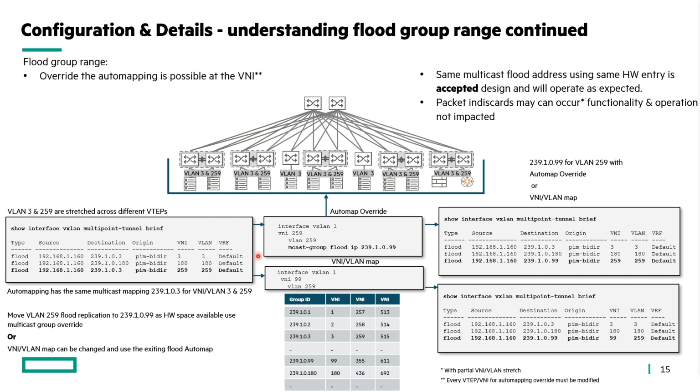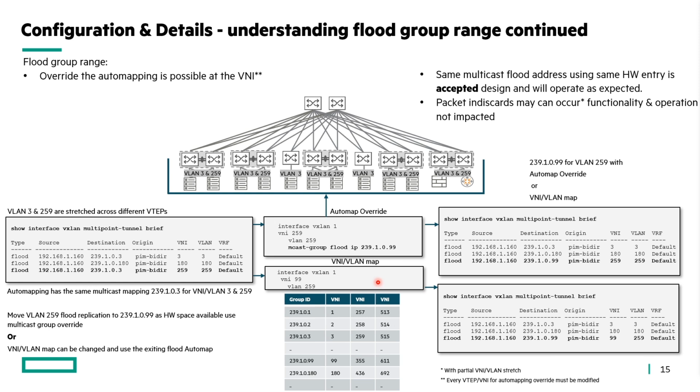Now it's also possible, as we said, to override, and we can do this by a new command in the ingress VLAN context. We can change the multicast flood group, and in this case we're going to change it to 239.1.0.99 for VLAN 259. If we now look at the multipoint tunnel, we can see that VLAN 259 or VNI 259 has now been allocated the multicast group 239.1.0.99.